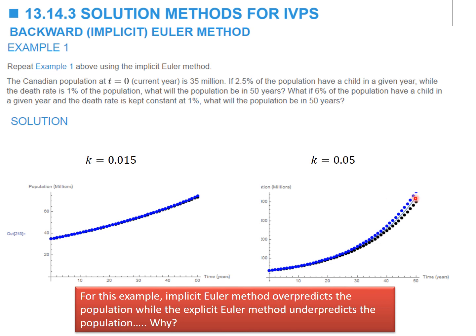You can see the blue is over-predicting the population, while the explicit Euler method, the black dots, why are they under-predicting the population? So think about it and maybe try to figure it out. And just remember, this is not a general rule. This just applies to this particular example.